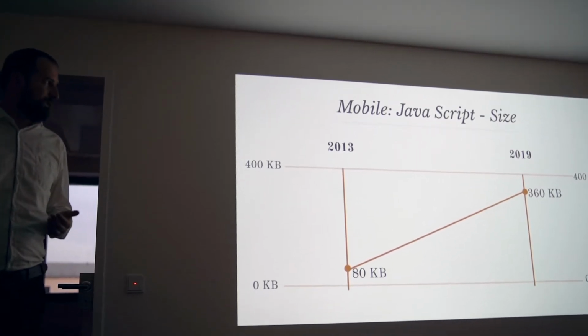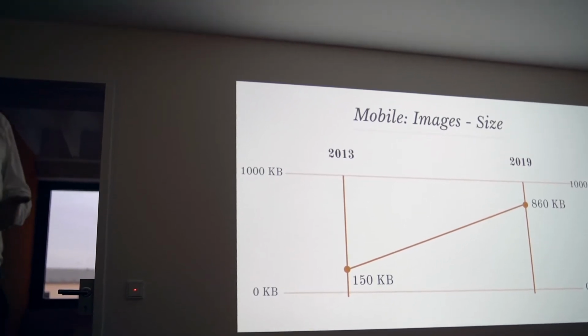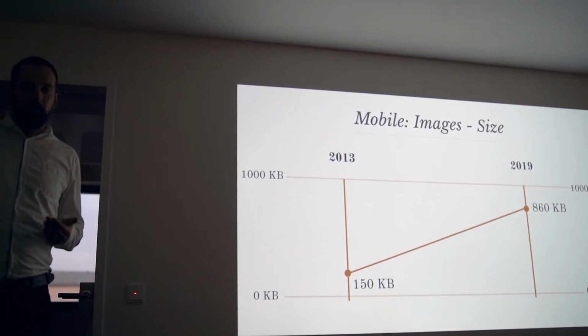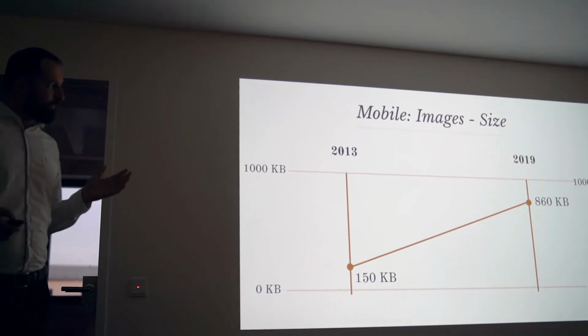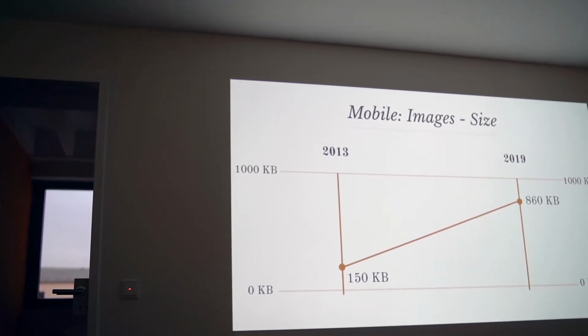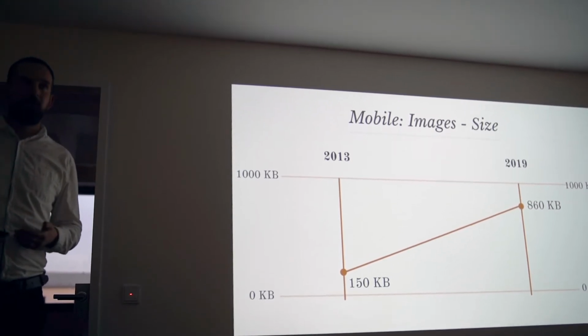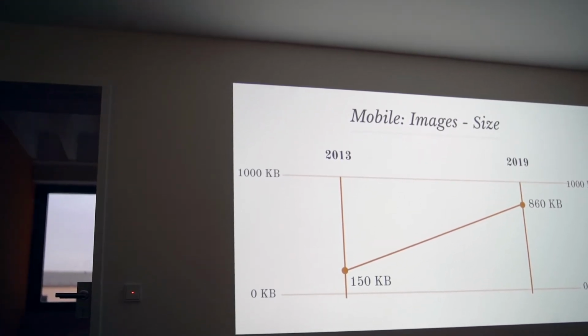And when we look at image size, we also see that it has grown from 150 to 860 kilobytes. Obviously, we managed to push much more data, we push more JavaScript, and probably our websites became more dynamic, and we see more media on them.